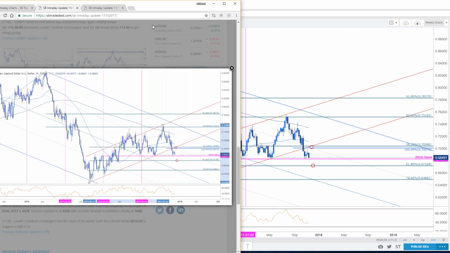You have the objective yearly opening range low. You have the objective yearly low week close. All right here. Broader picture remains bearish, sub 70 into 78.30. Downside break from here, your initial target would be just the 67.16.